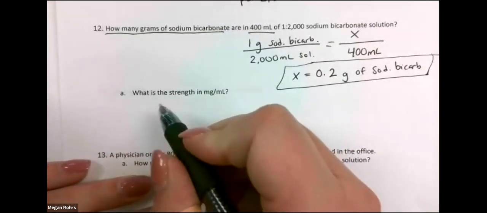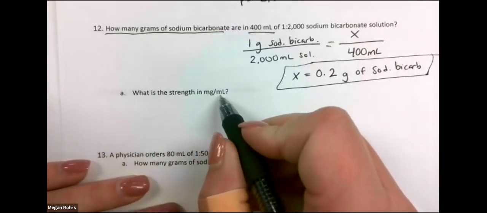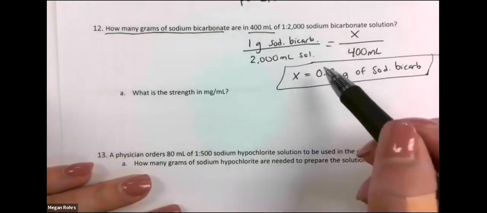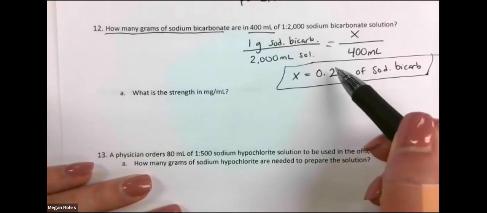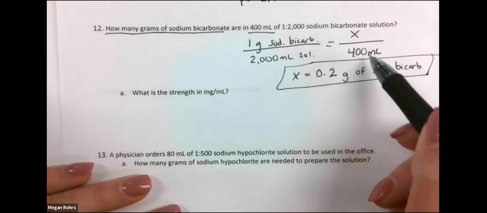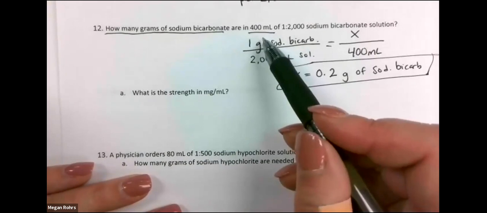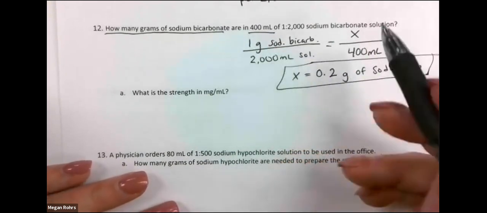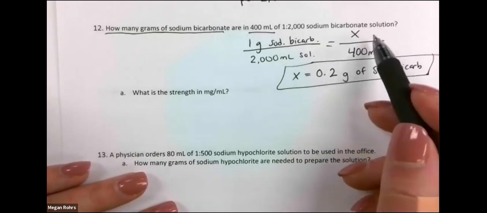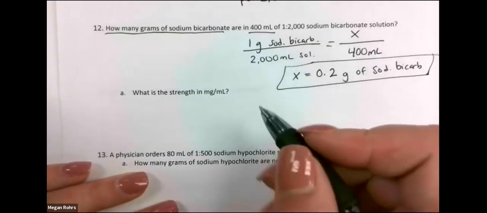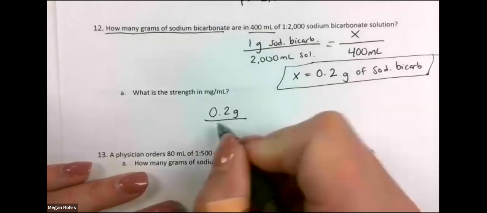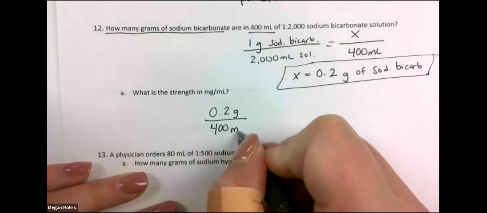Now it says, what is the strength in milligrams per milliliter? Well, I can either use what we just solved, the 0.2 grams out of 400, or the 1 gram out of 2,000. It really doesn't matter. I'm just going to pick this one because that's what we just solved for. So I know that there's 0.2 grams in every 400 mils.